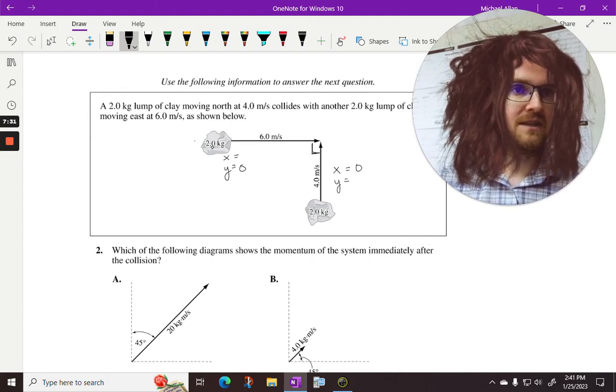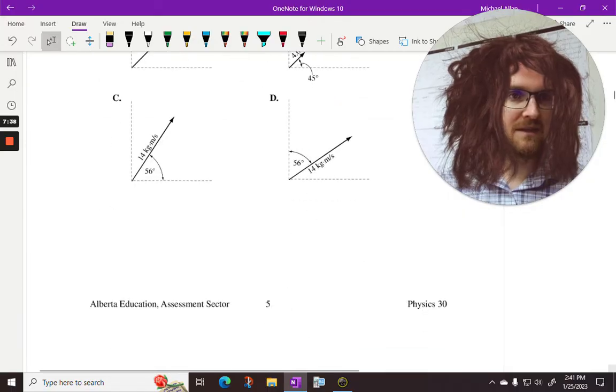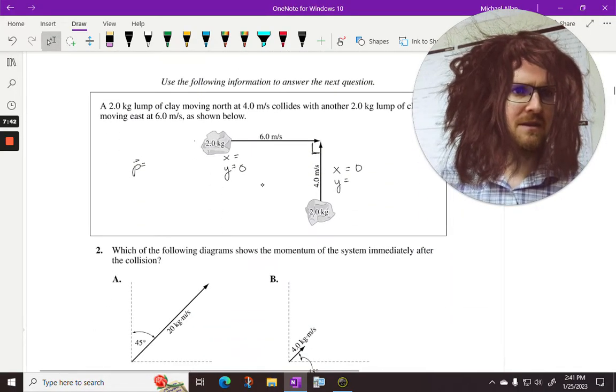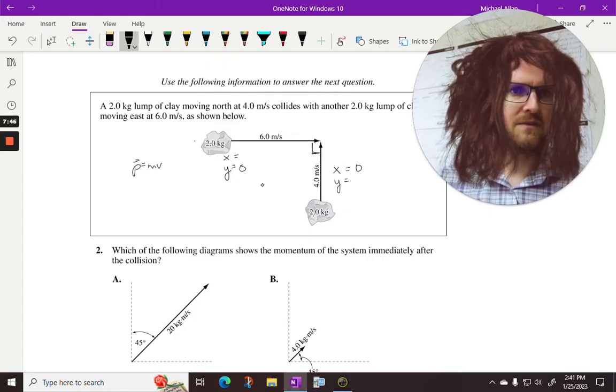So we can calculate these momentums. Let's just find those momentums, because we're going to have to create a momentum diagram down here. Okay, we probably don't even have to do too much math to do this after we find out what the numbers are here. We're going to go mass times velocity. So our mass, 2 kilograms, times that 6 meters per second, and we're going to get 12 kilogram meters per second.